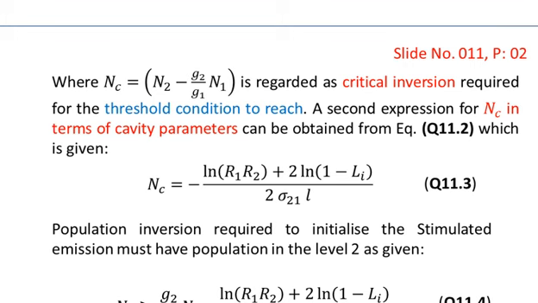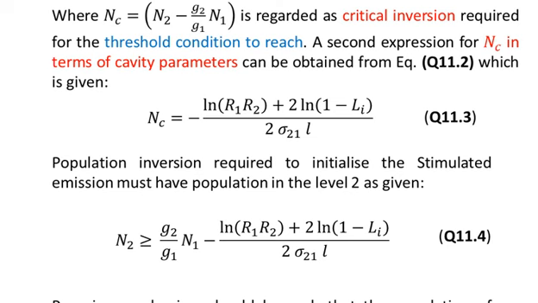The population inversion required to initiate the stimulated emission must have a population in level 2 as given. So you see that since Nc is equal to N2 minus g2 over g1 times N1, we can solve equation 11.3 for the value of N2, which is given in equation number 11.4.